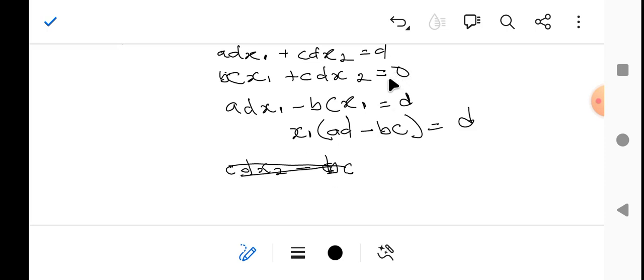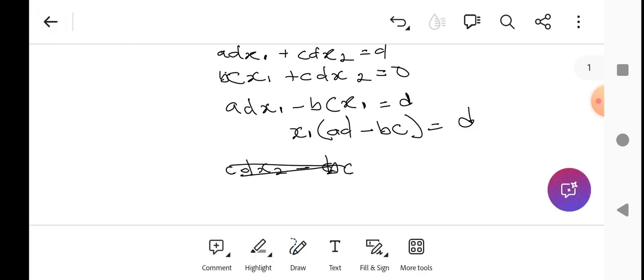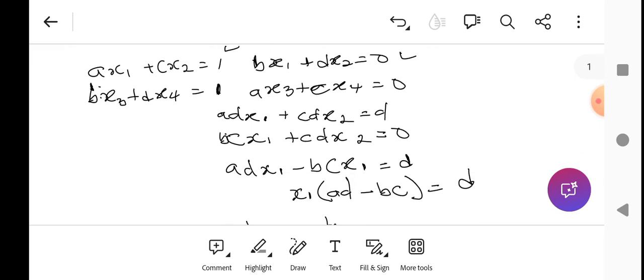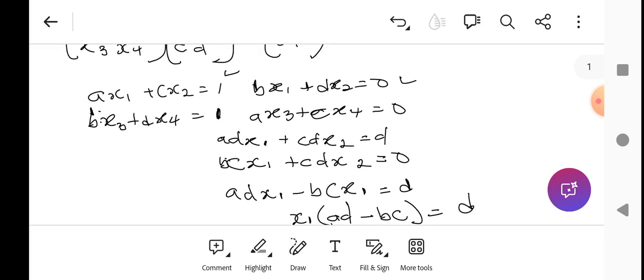Then for the second part, if I want to get x2, let's see where we have x2.